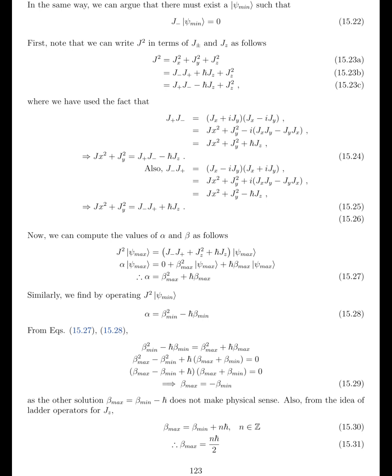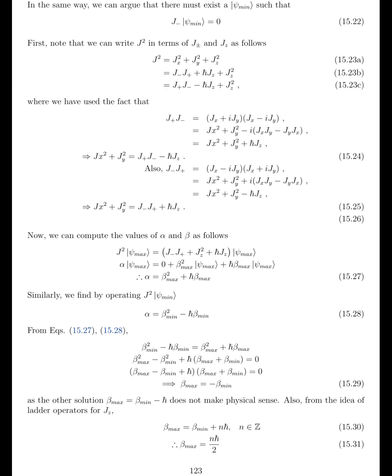So let's look at what happens when j square acts on psi max. That should give me alpha. That's clear. But j square acting on psi max, I can write it as j minus j plus plus jz square plus h bar jz, which I've just obtained. Now the first term: look at the way that object acts on psi max.